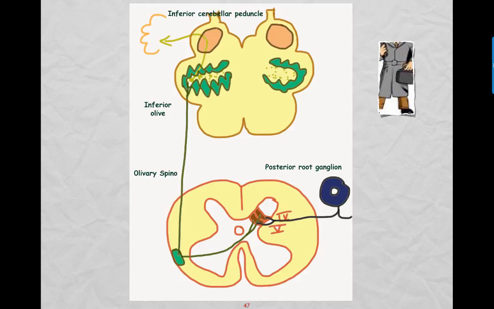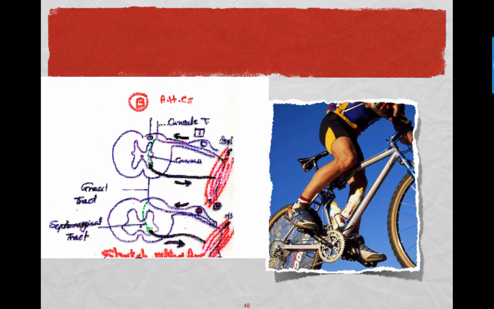Again, the first pathway is the conscious proprioception, the second pathway is the unconscious proprioception, and the last pathway is the fibers that will descend to reach the anterior horn cells in the upper half and in the lower half of the body in order to complete the stretch reflex arc that will be discussed in the third lecture.